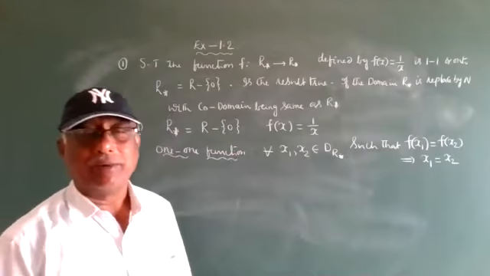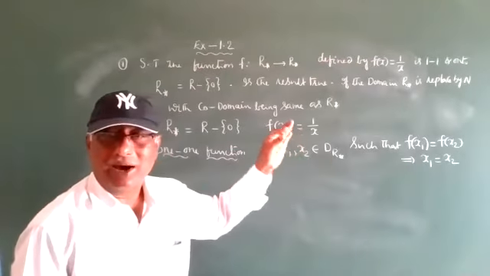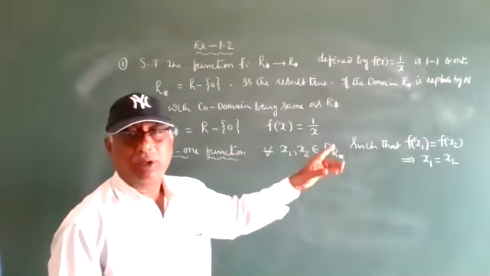So that is the given: x1, x2 belong to the domain R star such that f of x1 is equal to f of x2.